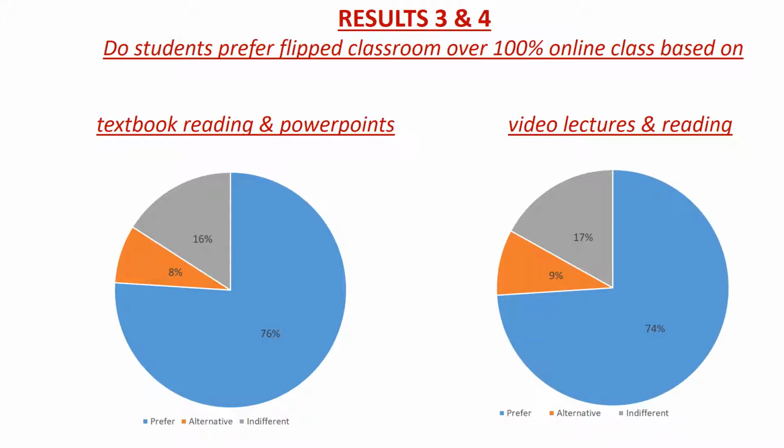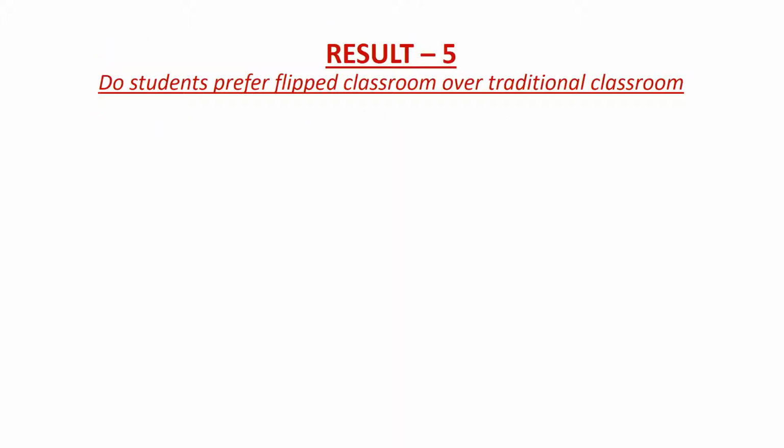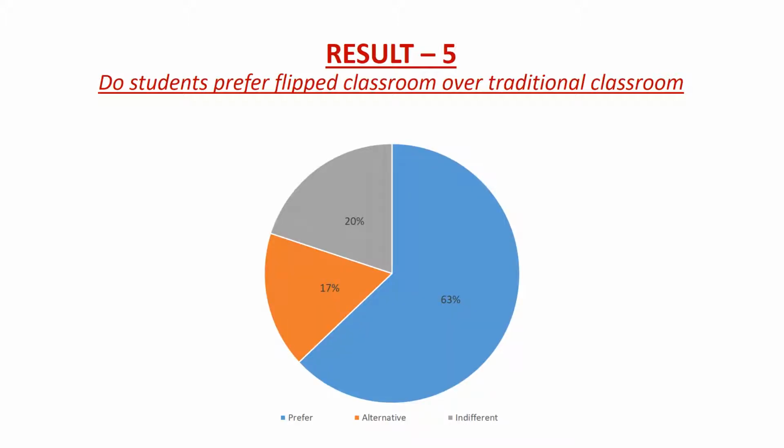And we find 74% of them prefer flipped classroom over 100% online class based on video lectures and reading. The next question I asked is, do students prefer flipped classroom over the traditional classroom? And what we find is 63% prefer, 17% prefer the traditional classroom.